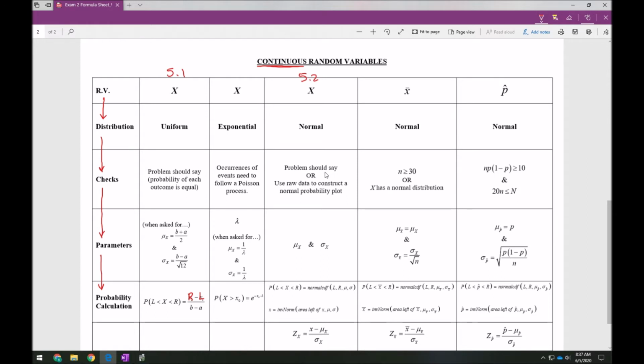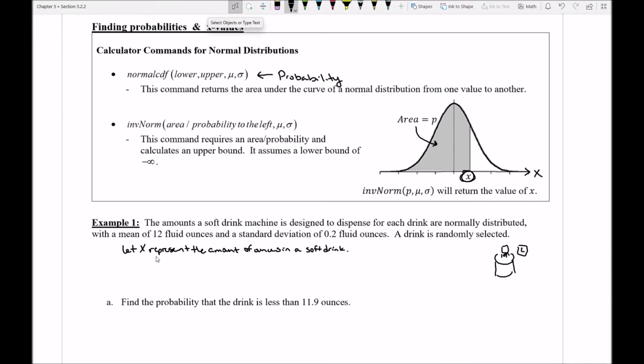After, of course, we're able to state this, we want to state what the mean and standard deviation are before we ever touch our calculator. So I'm going to continue to write this down. X has a normal distribution with a mean for x being 12 and a standard deviation for x being 0.2.